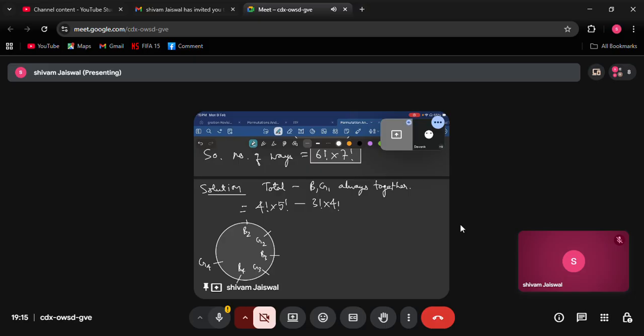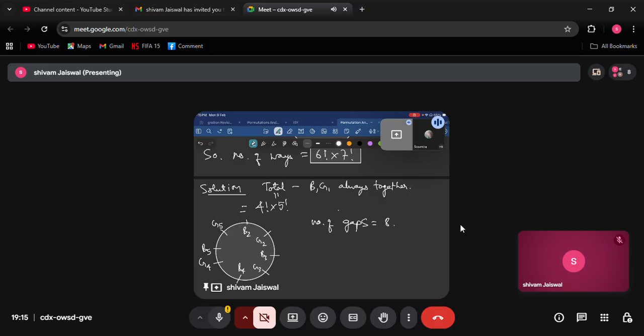Total 6. Okay. There are 2 more people, B5 is there, G5 is also there. So the number of gaps will be equal to 8.